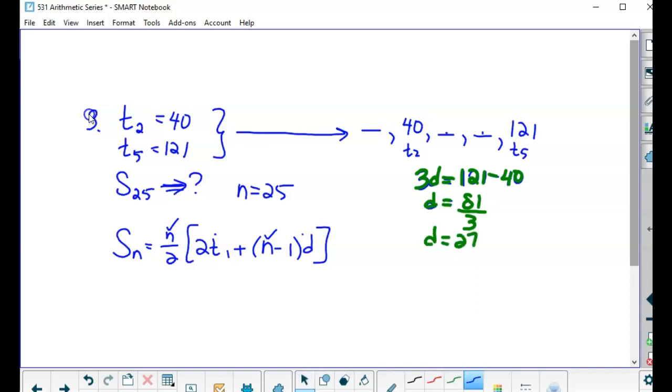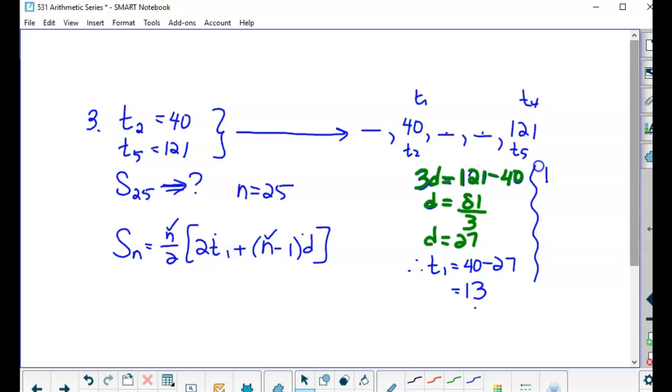And so therefore T1 would be 40 minus 27, which is 13. Now if you didn't do it that way, you could change this to T1 and T4 and go from there.